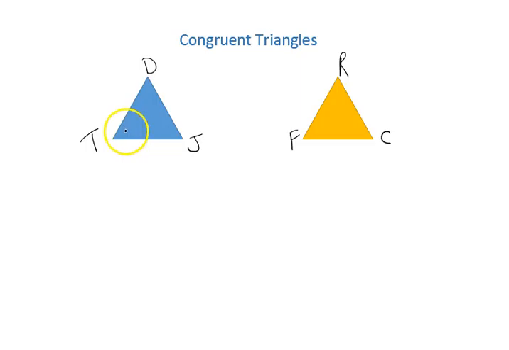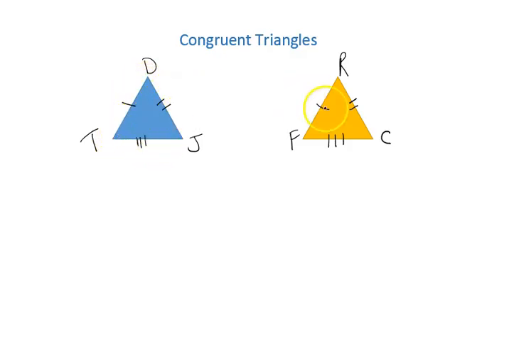The way that we're going to mark that, sides that match up are going to be marked with little slashes, as I'm doing here. And that tells me which sides match up by the number of slashes that they have. If, for instance, DJ only had one slash mark, that would also mean that it would be the same length as TD.